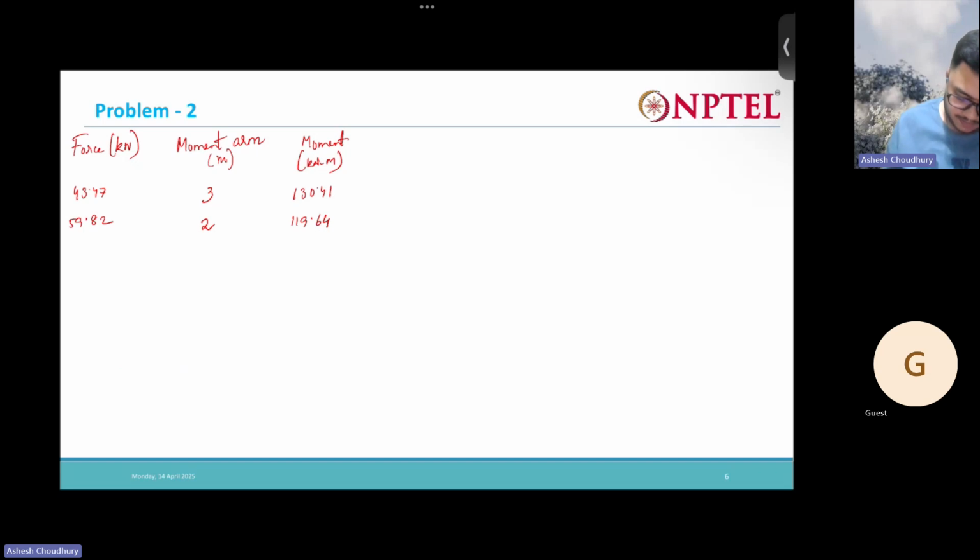Next is the weight of stem. It is nothing but unit weight of concrete, 24 kilonewton, times 5.5 times 0.4, which is 52.8. So the stem is 5.5 meters high.